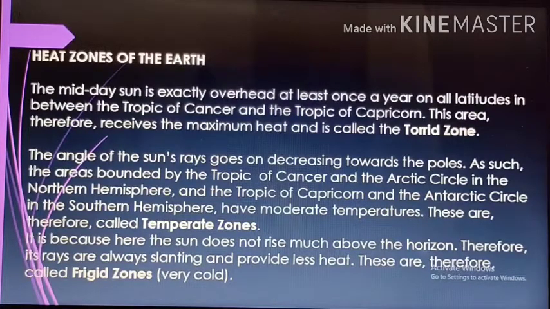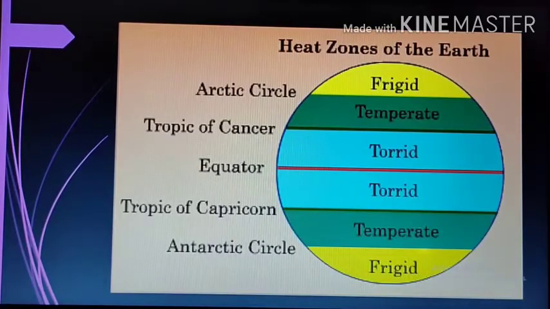Therefore, its rays are always slanting and provide less heat. These are therefore called frigid zones, which are very cold. Now over here in this figure, you can see the various heat zones of the earth, that is the frigid zone, temperate zone, torrid zone in the northern and the southern hemisphere.